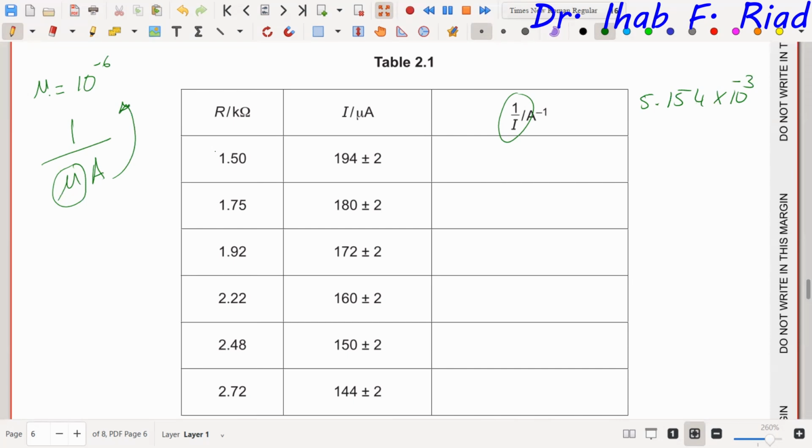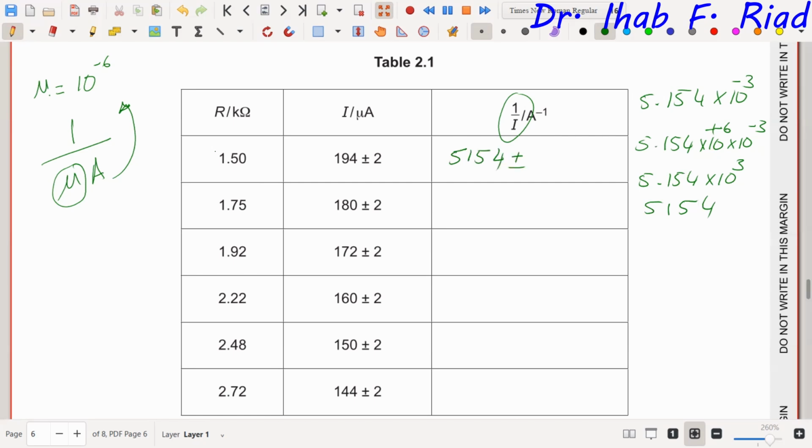So it's going to be 5.154 times 10 to the power minus 3 plus 6, which will be 10 to the power 3. Is that okay? Yes. 5154.